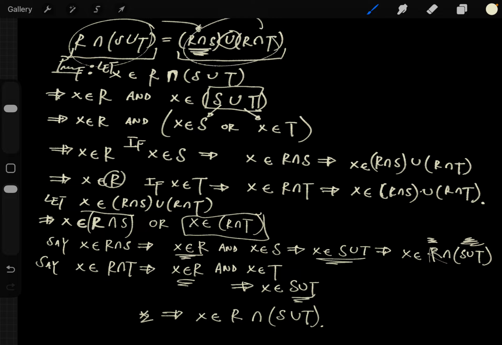And if I let X be in here, then it's in here. And I've shown the set equivalence in both directions.